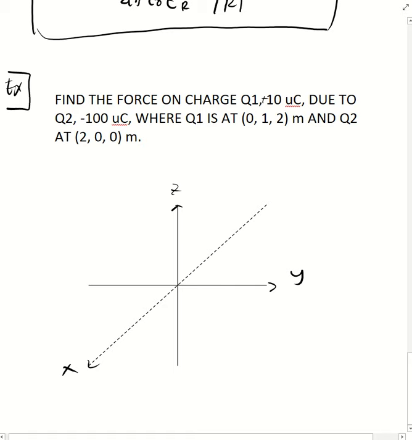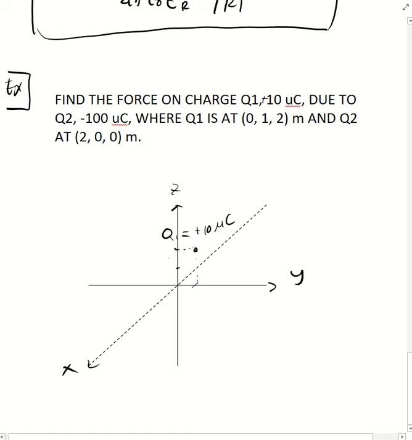Now we want to locate Q1, which is at (0, 1, 2): 0 for x, 1 for the y-axis, and we count 1, 2 for the z. So Q1 will be somewhere here. This is our positive Q1, equal to 10 microcoulomb.